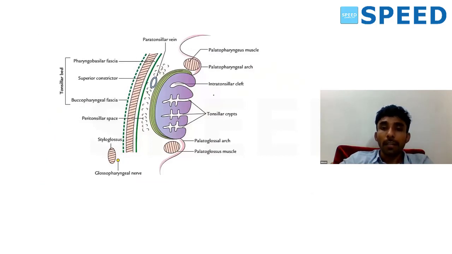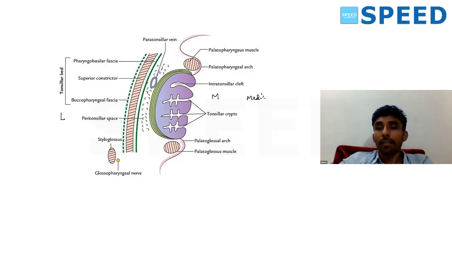Actually, in this diagram, this is the medial aspect, this is the lateral aspect. You are seeing the palatine tonsil from the front, an anterior view. Do you see the medial surface?